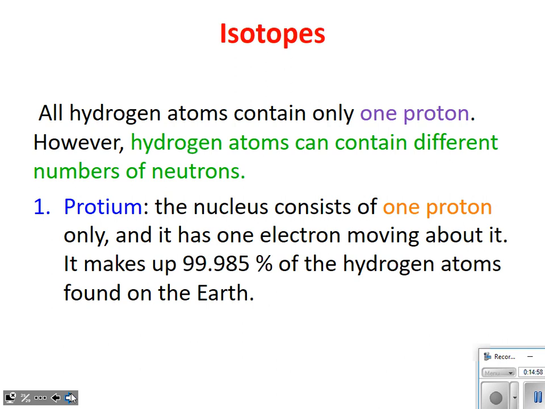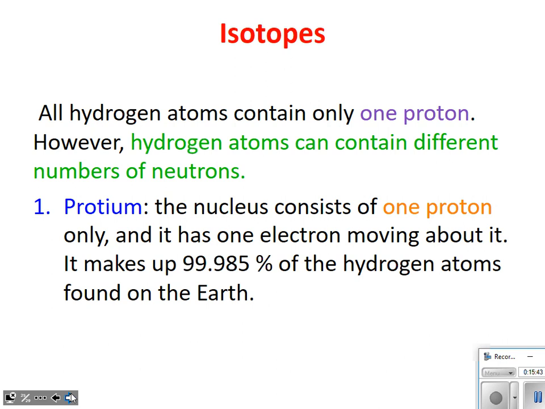We're going to talk about three different types. Number one here, protium. The nucleus contains one proton only. It does not have any neutrons. Protium has one proton only, and it has an electron moving about it. One electron orbiting one proton. Protium makes up 99.985% of the hydrogen ions that are on Earth. So the majority of hydrogen ions on Earth are protium.